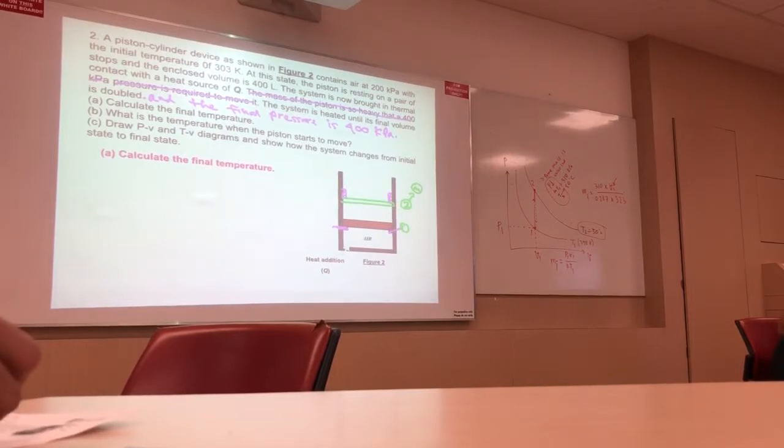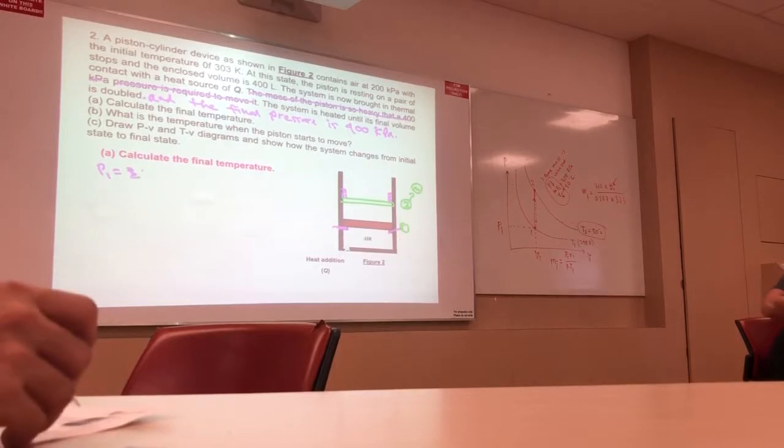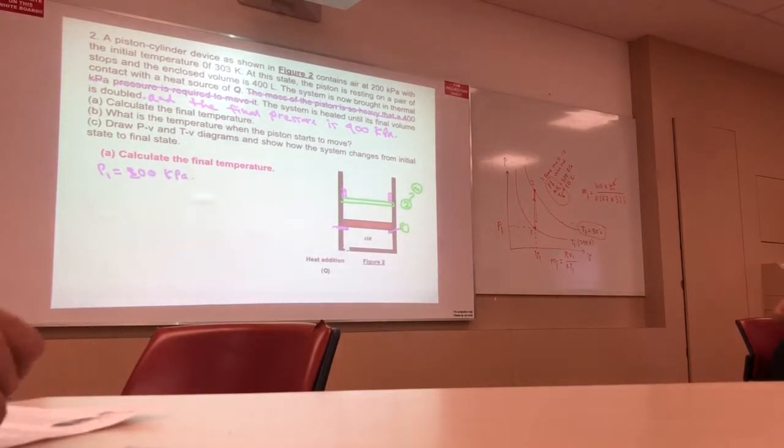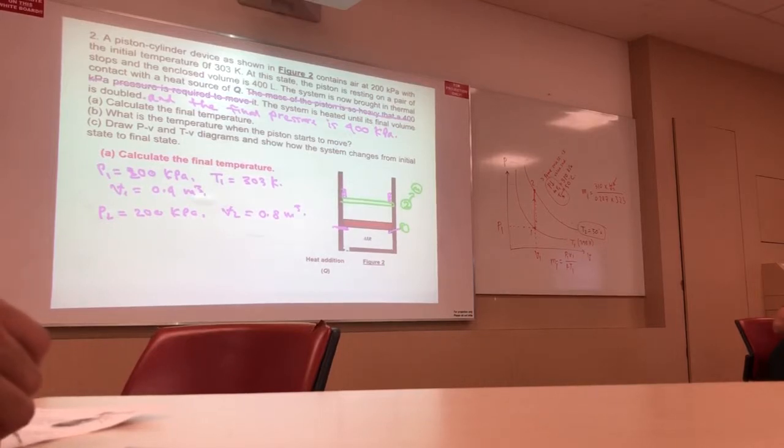Then what is the initial pressure? Right. Initial pressure is 200 kilopascal. Initial temperature is 303 Kelvin. And initial volume is given, right? 0.4 meter cube. So at state 2, what is P2? P2 also 200. Constant pressure process. And V2 is 0.8 meter cube. Double. Then what is T2?